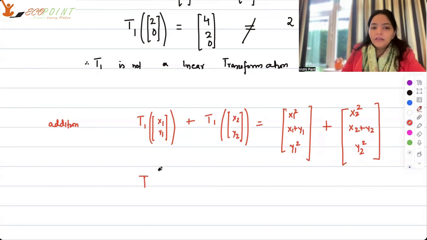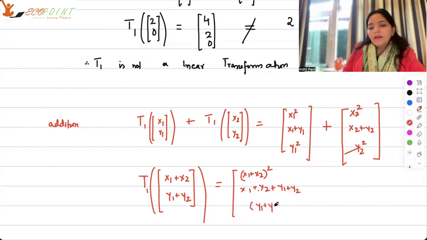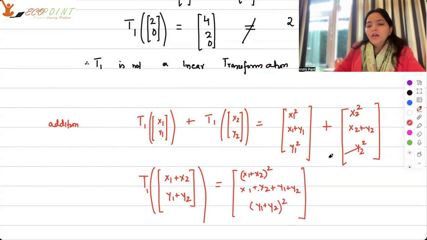On the other hand, consider the sum (x1 plus x2, y1 plus y2). The output this generates will be ((x1 plus x2) squared, x1 plus x2 plus y1 plus y2, (y1 plus y2) squared).